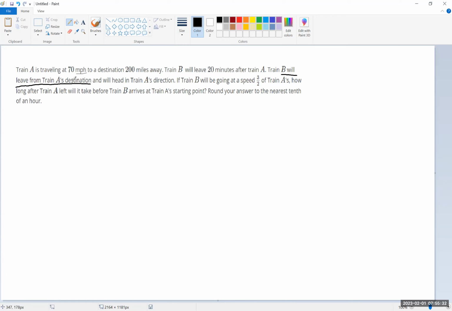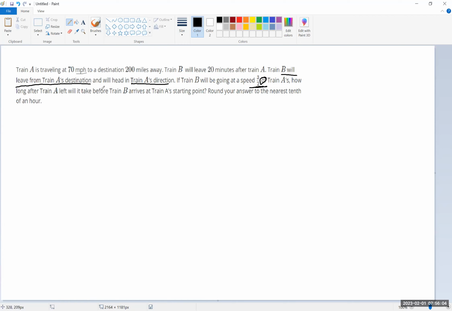Let's try to figure out what that means, but it might be helpful to go to the diagram bullet to think about it. And heading in train A's direction, going at a speed of 3/2 of. That might be something to think about. Remember, in 3/2, the word "of" means multiplication.